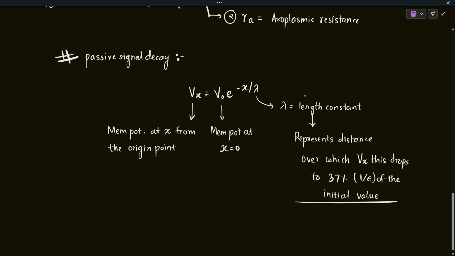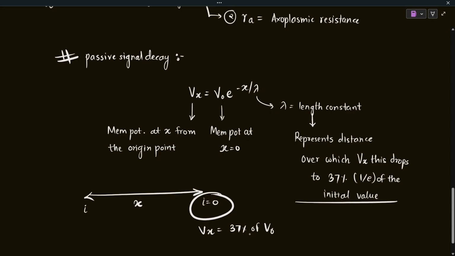Whatever the value of the length constant, it will tell you about the distance x where eventually the current is going to be 0. Let's say the current started from here and goes to this point, where Vx will be 37% of the initial V. Here was the V naught. So this is the length constant value.